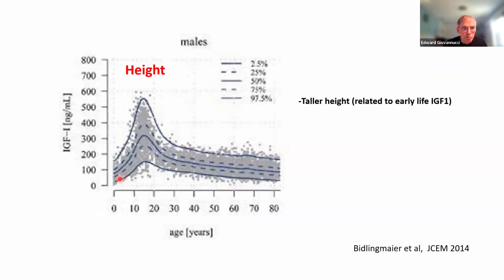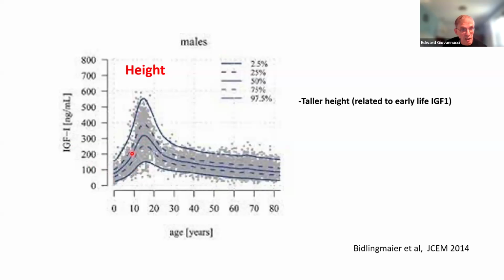Well, we don't know for sure, but this slide shows the age pattern for insulin-like growth factor 1, IGF-1, which is a potent growth factor. In fact, it's one of the determinants of height. So if you're very high in this, you can be very tall, and if you're low, you'll be on the shorter end.